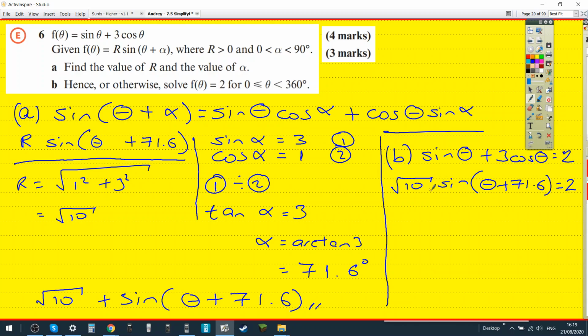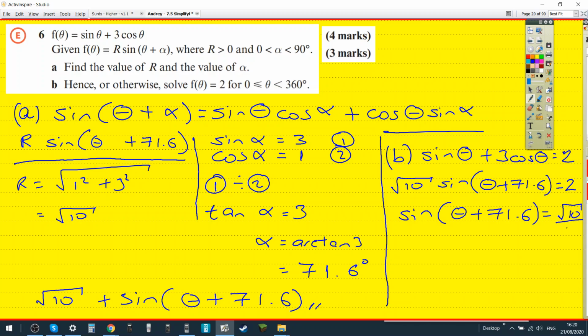This isn't plus root 10, it's times. So 2 divided by root 10. Yep. Which will be root 10 over 5. Okay.